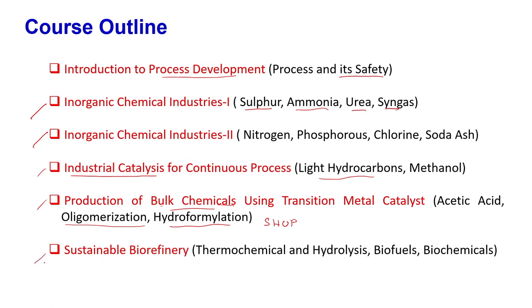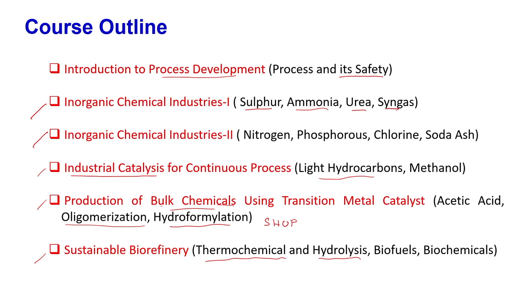Then the final module is sustainable biorefinery. Biorefineries, as you know, are now trending, and the government of India has put a major focus on them, especially 1G, 2G and 3G fuels. We will discuss how biomass is converted primarily through two routes: thermochemical routes, which involve the addition of heat and temperature, and the hydrolysis route, which involves the addition of enzymes or microorganisms to convert biomass into simple sugars.